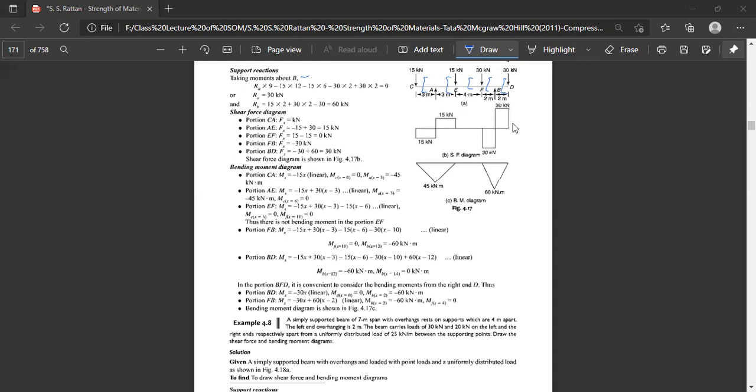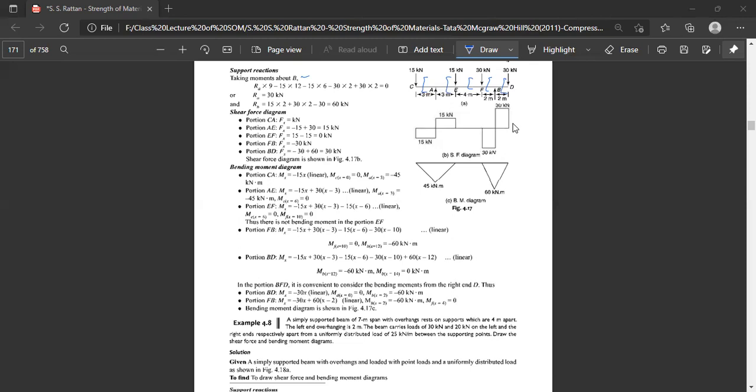So we take the moments here. The 15 kN is acting clockwise, this is acting anti-clockwise, and this reaction is acting clockwise, giving minus 15x plus 30 into x minus 3, minus 15 into x minus 6.